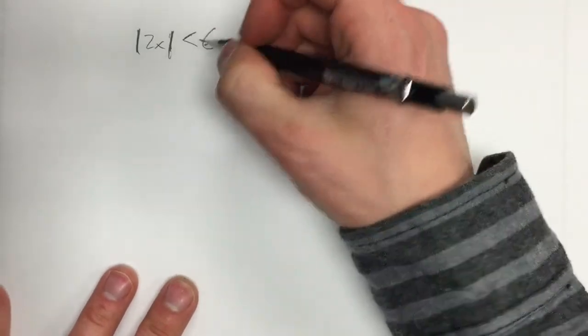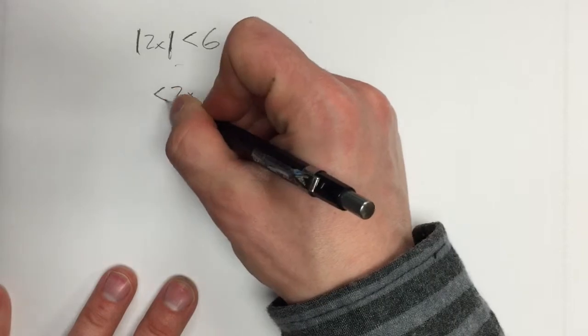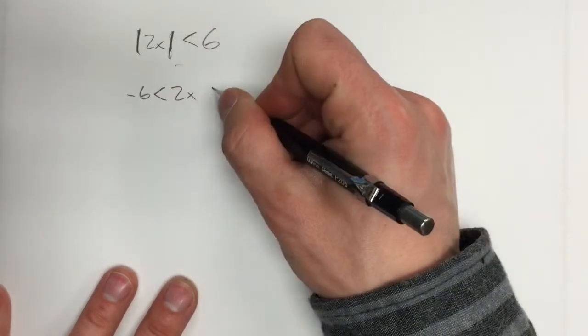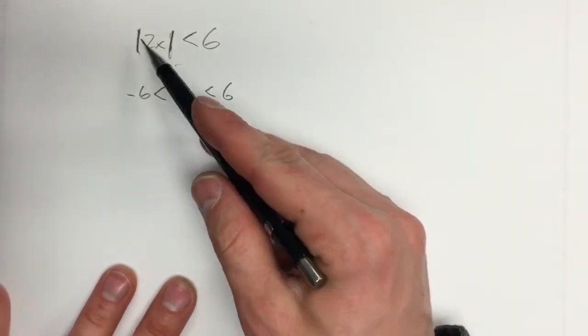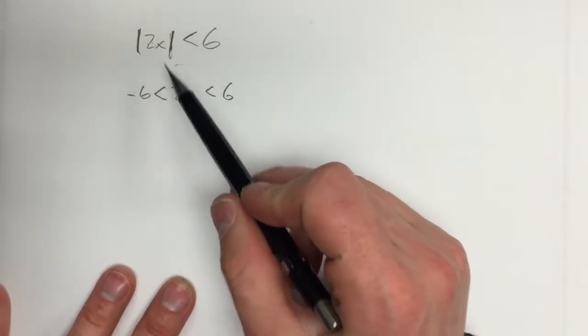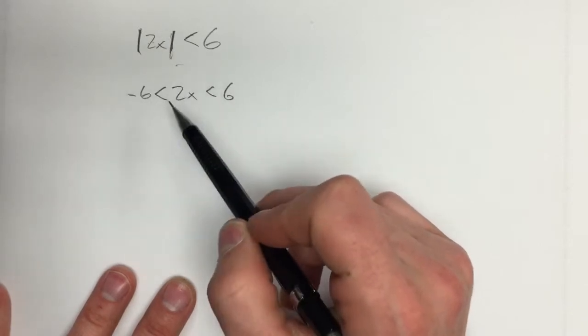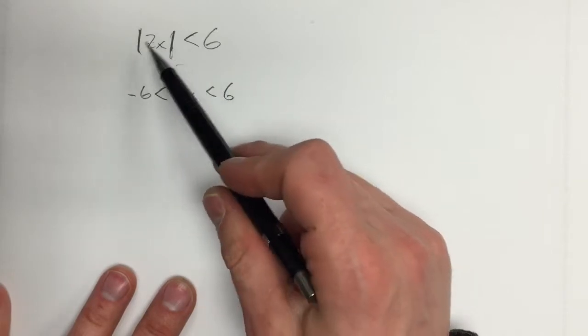All right, so we can say that 2x is greater than -6, and 2x is less than positive 6, because it says that 2x is less than positive 6. But we know that 2x would also be greater than -6 because it's an absolute value.